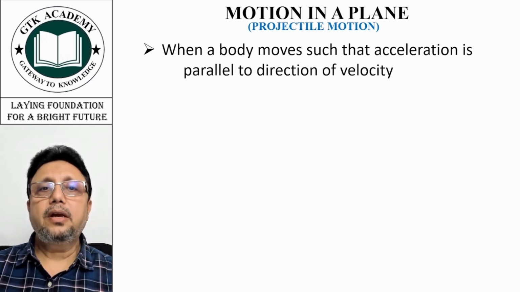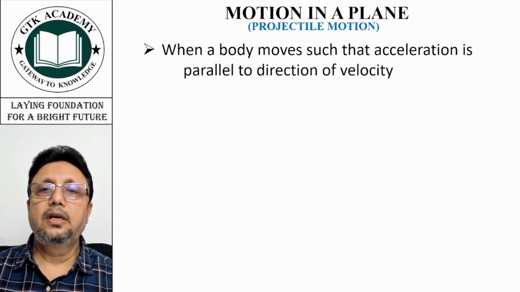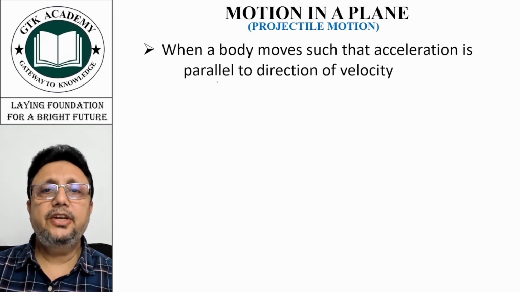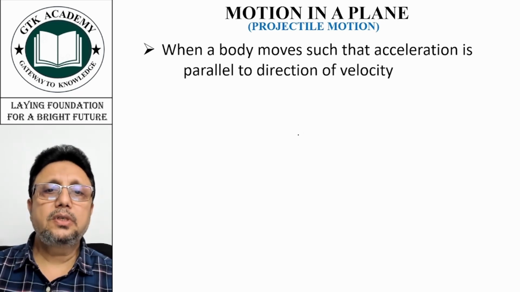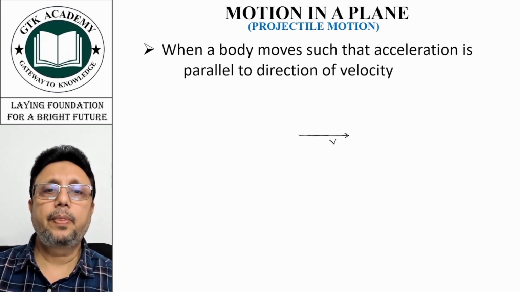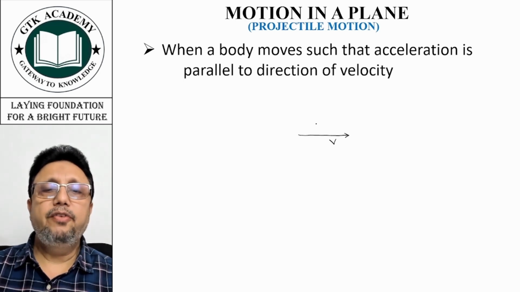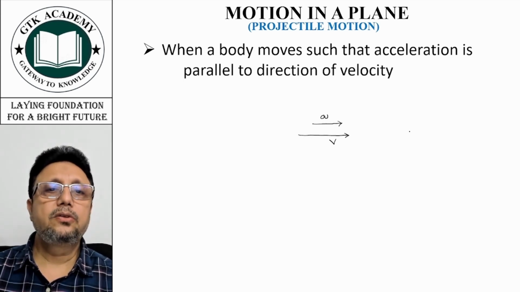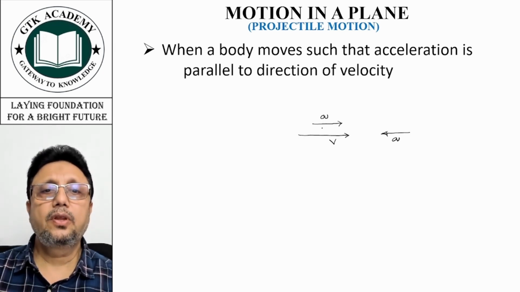Now let's start our topic, projectile motion. When a body moves such that acceleration is parallel to the direction of velocity. Suppose a body is moving in this direction and it has a velocity v, and we have acceleration parallel to this. Say we have acceleration a like this, or it can be like this in the negative direction, that is retardation.